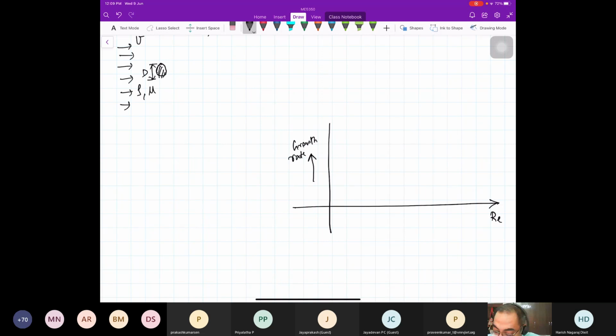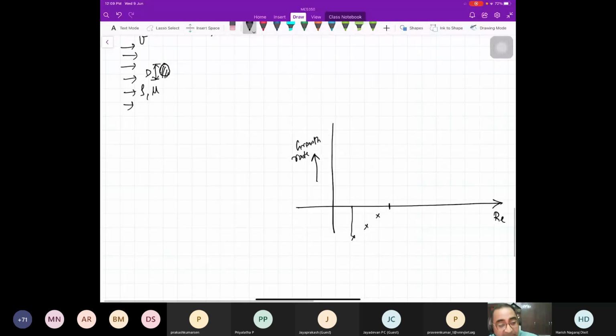I'll tell you what growth rate is again. But below a certain critical value, the growth will be negative, which means that any disturbance that you give will die out. So the lower the value of Reynolds number, lower is the growth rate, and it will be negative. This is negative. Here growth rate is 0.